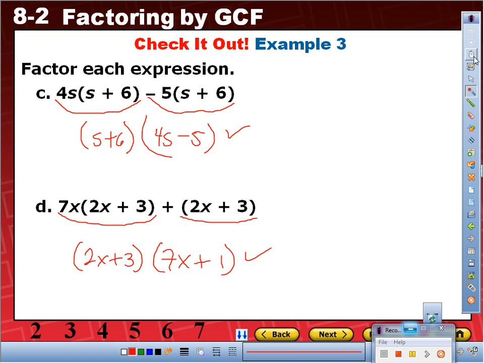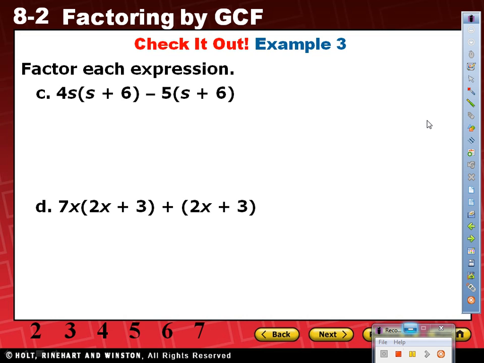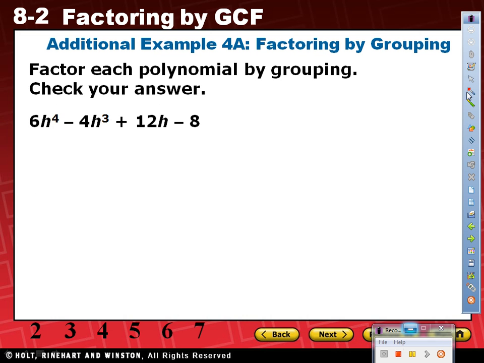This is one of the last examples that you're going to see. Example 4a. All right, check this out. I'm going to do this one, so pay attention to the steps. Here it goes. Pens down, eyes up here.